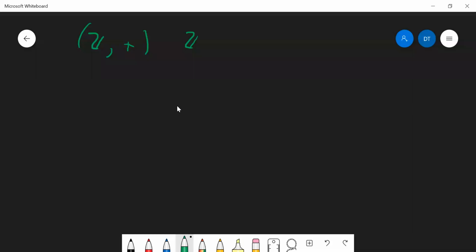Now, I want to start with the claim. I want to describe all possible subgroups inside this group Z. So suppose that H is a subgroup.